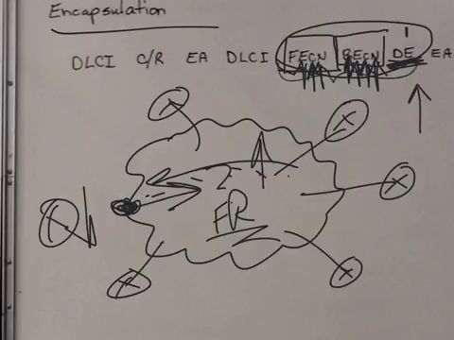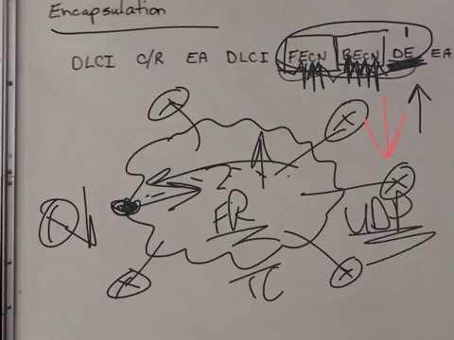Because if the congestion exists, these get marked and packets get dropped, and then if it's UDP, you never see them again. If it's TCP, you have to resend them. Well, that's a little introduction to frame relay.